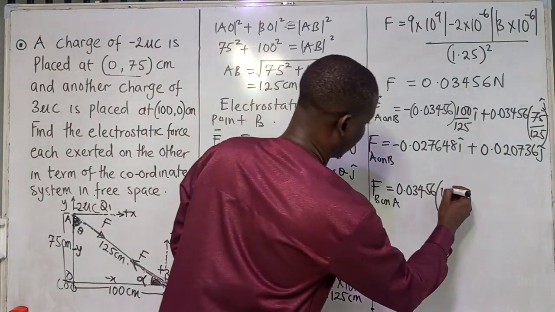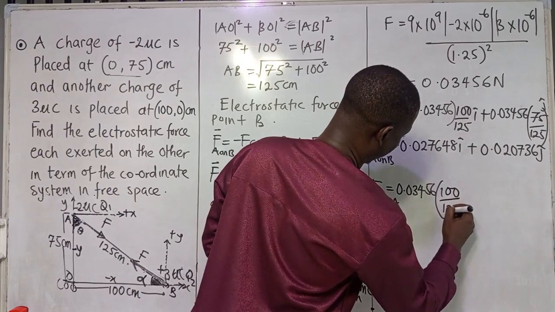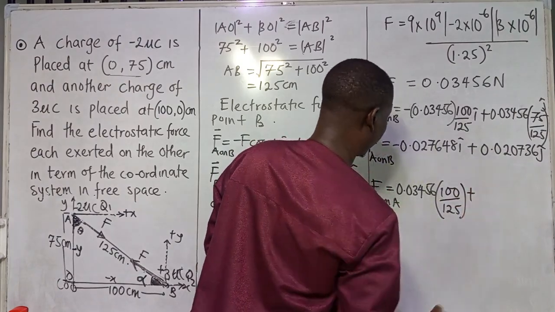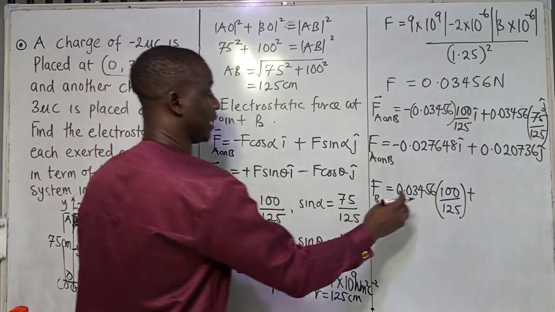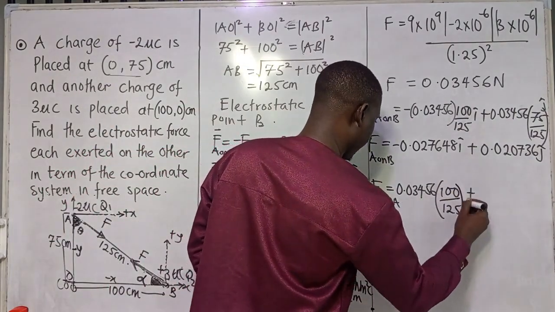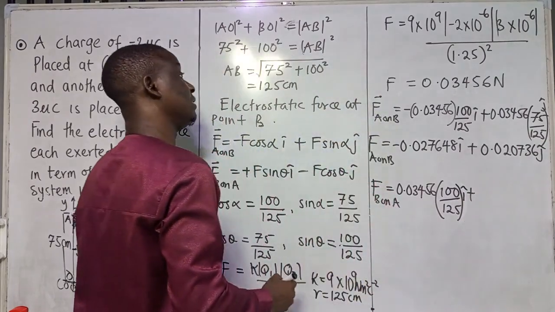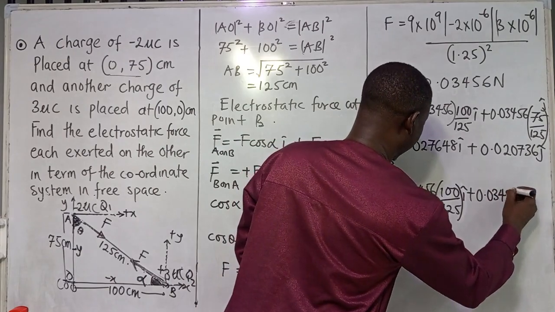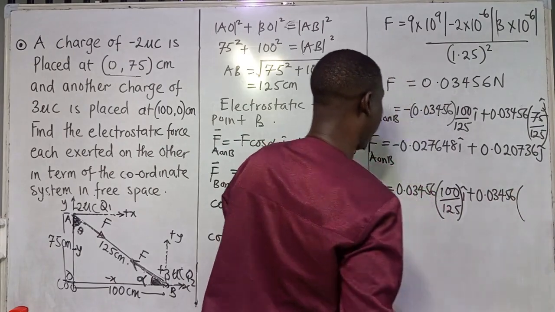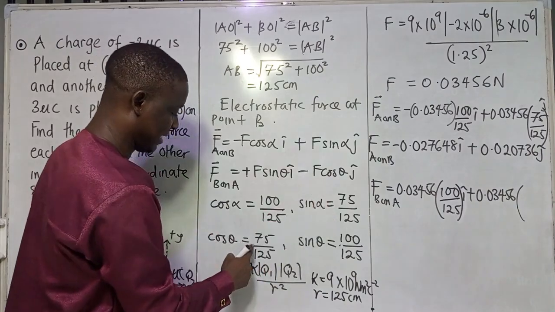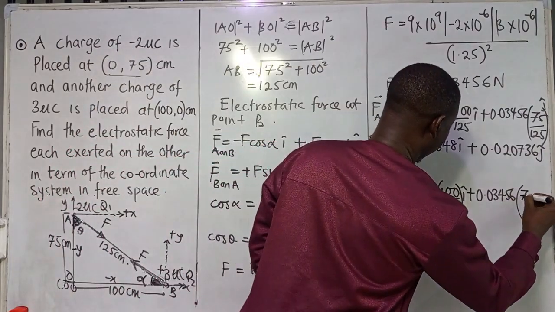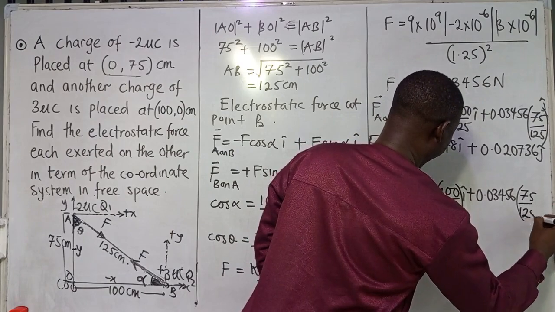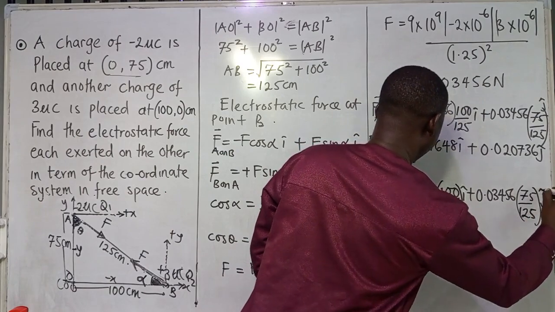So they are 100 over 125 i. Then the second one is 0.03456 multiplied by cos theta, which is 75 over 125 j.